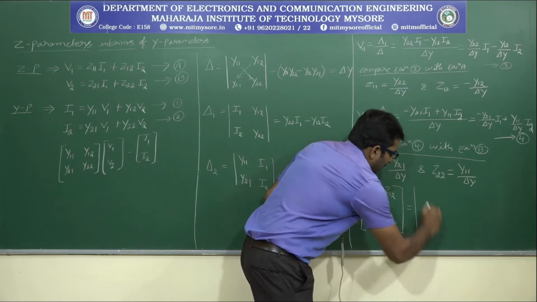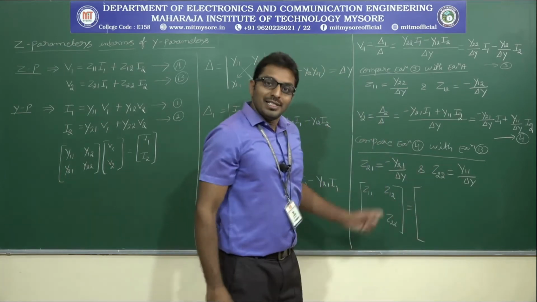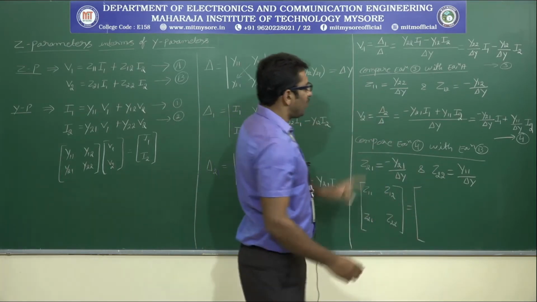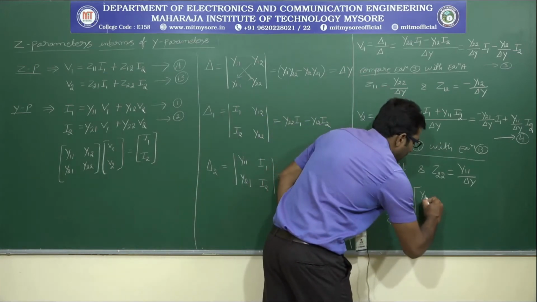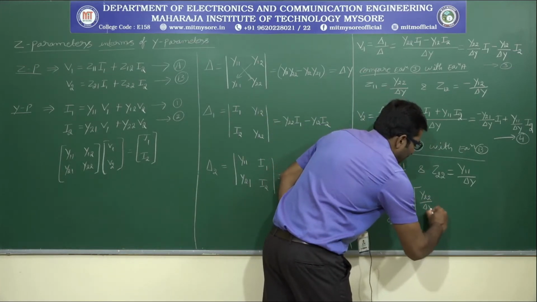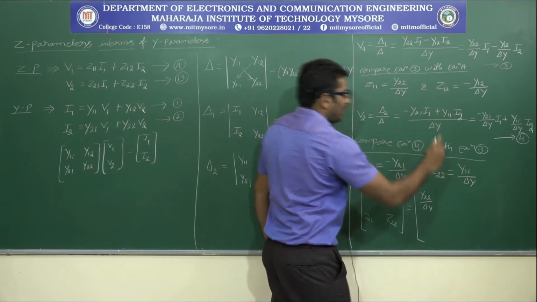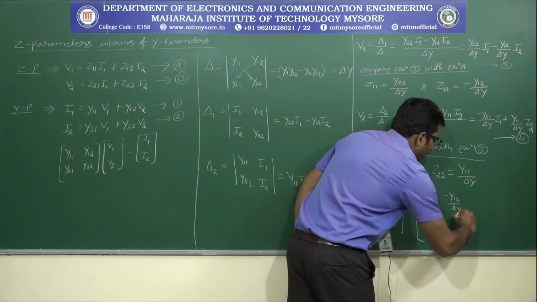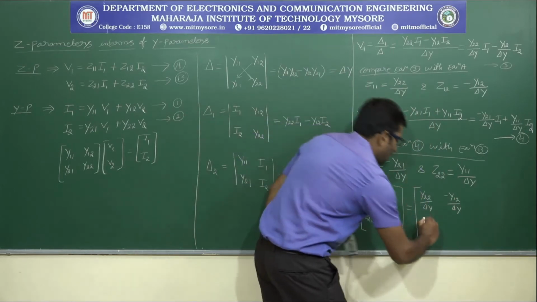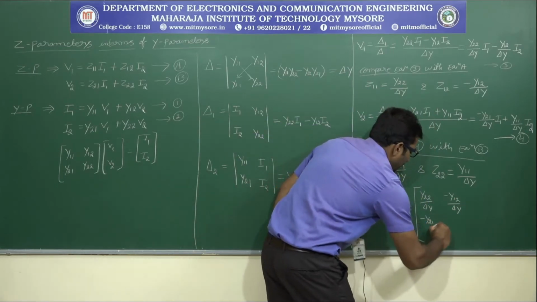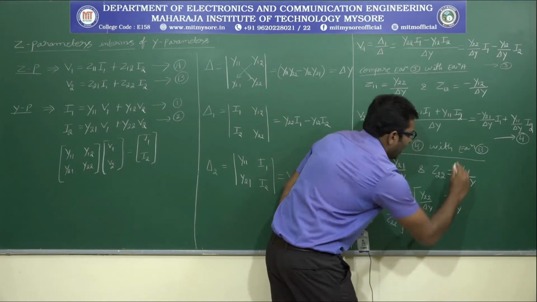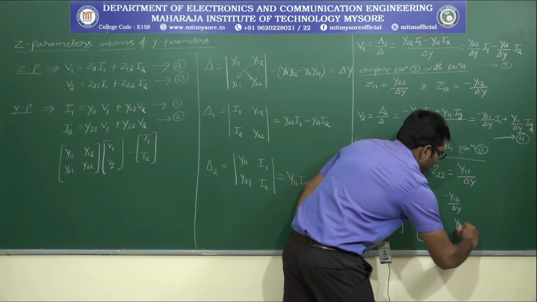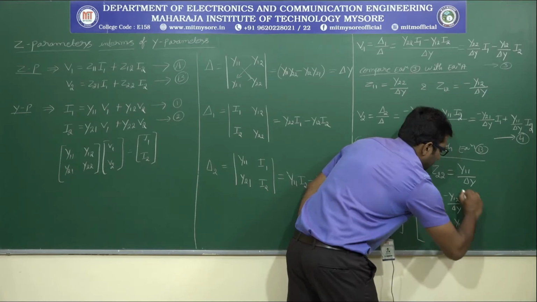The equivalent Z parameters in terms of Y parameters are: Y22 by delta Y, next one minus Y12 by delta Y, next minus Y21 by delta Y, last one Y11 by delta Y.